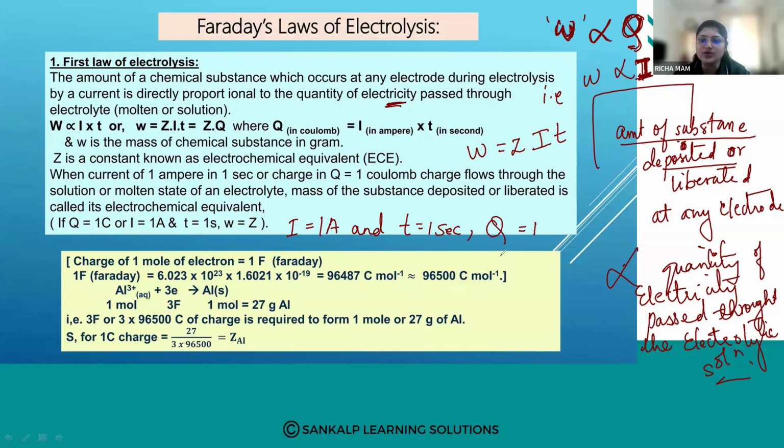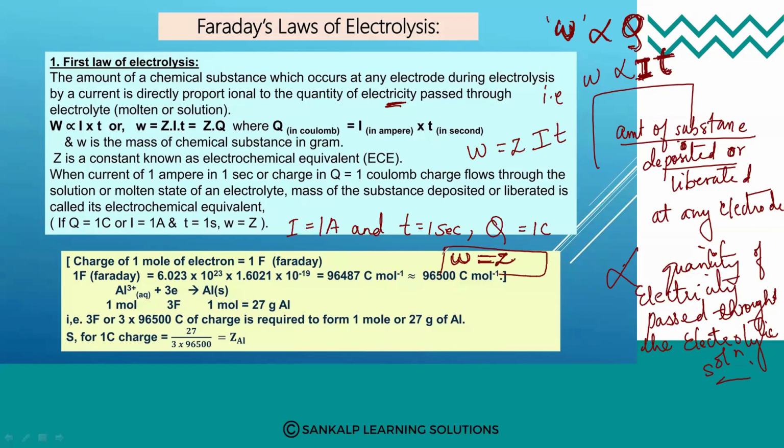W is equal to Z. So this is your electrochemical equivalent. The electrochemical equivalent of a substance is defined as the mass of the substance which is deposited when a current of 1 ampere is passed for 1 second.